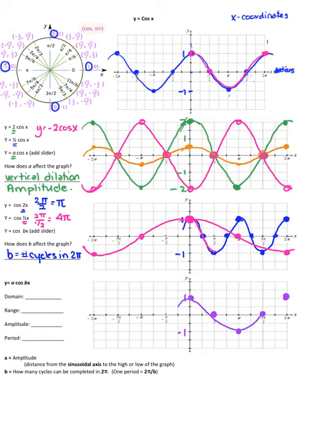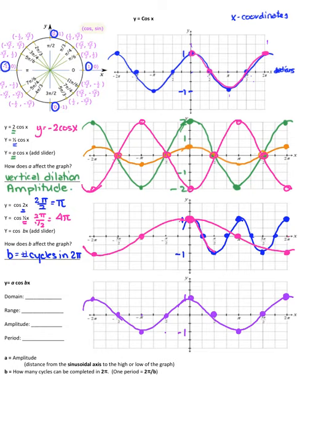So that represents 1 cycle, 1 period of my graph. And we could continue it going backwards, so this would be at 0, this would be a low, this would be a 0, this would be another high. So just to fill out the whole graph, usually I'm only going to make you do one cycle.